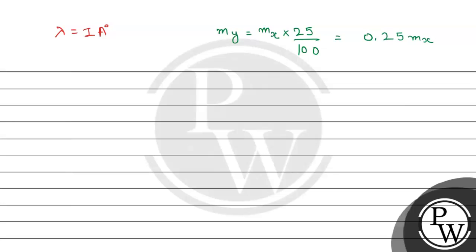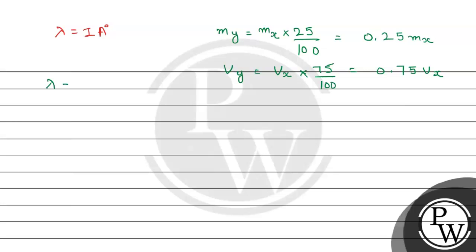So here we can write it as 0.25 mx. And the same way velocity के बारे में बात की गई है. For the y that is the 75% of the velocity of the x, so उसे हम लोग vx से represent कर लेंगे. So multiplied by 75 over 100. So it will be 0.75 vx.